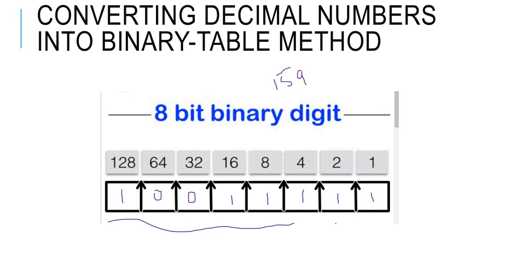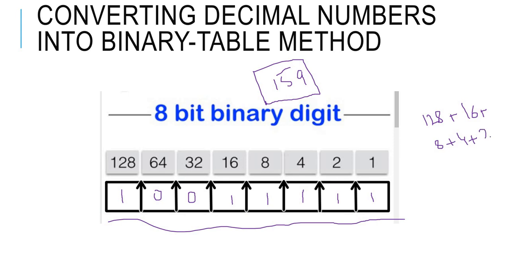So this is what 159 is in decimal number, or sorry, in binary numbers. If we want to confirm if our answer is right, then we have to add 128 with 16 with 8, 4 and 2 and 1.